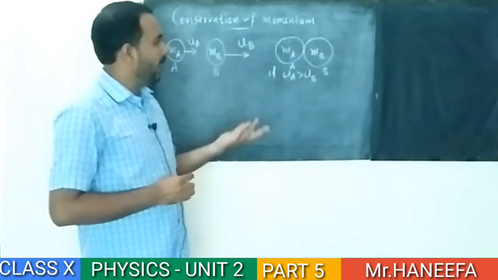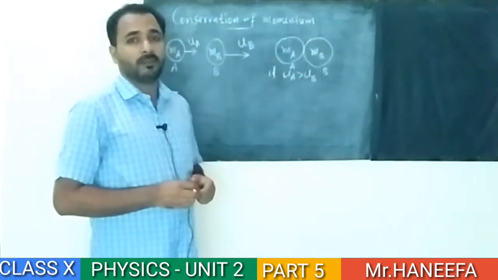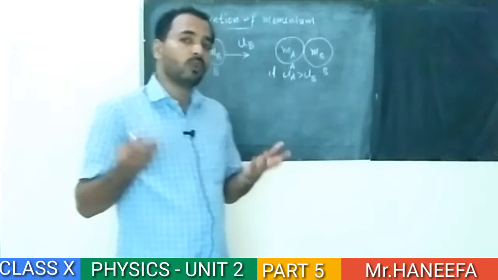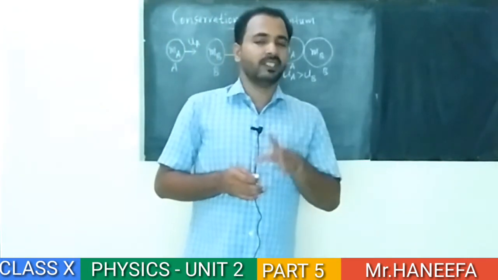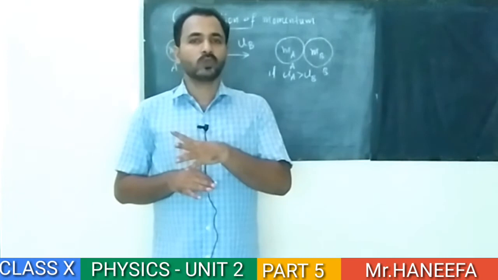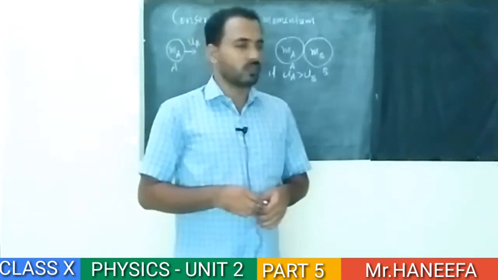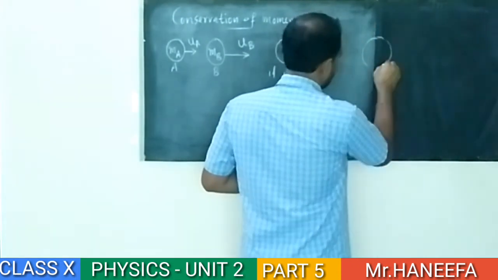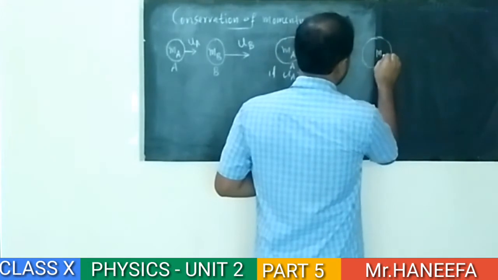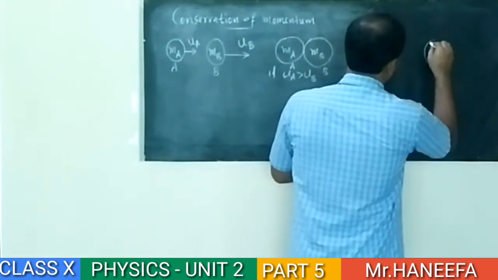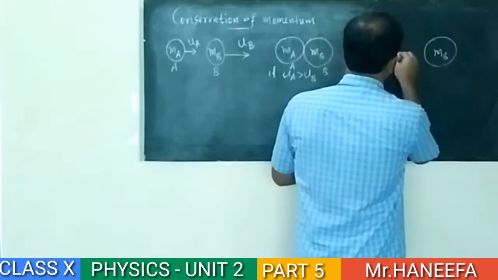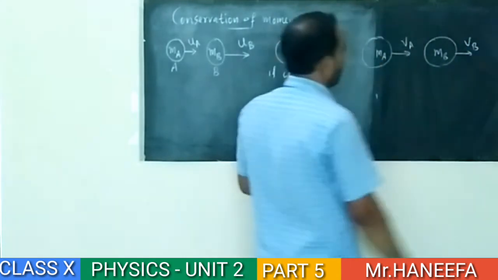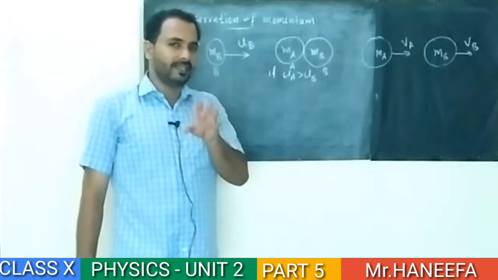Object A collides with object B. After collision, object A and object B move with final velocity. This is moving with velocity Va, this is moving with velocity Vb. So here three cases.